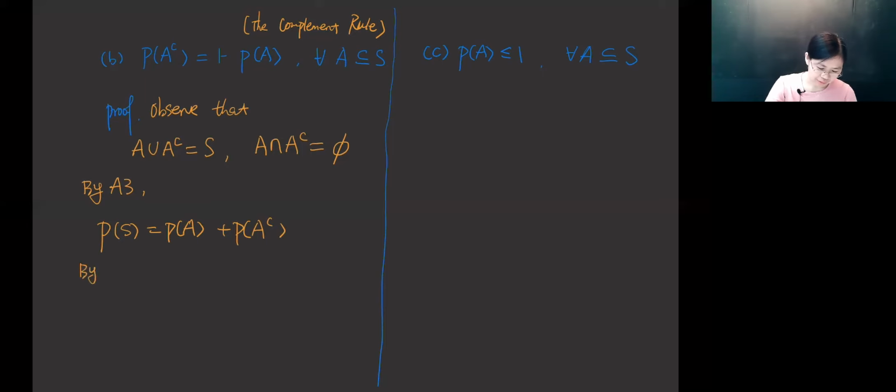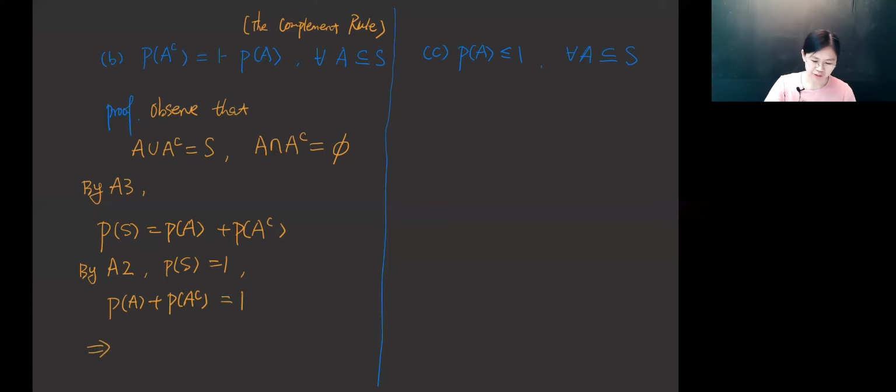And then now we use axiom number 2, which says P of S equals 1. Therefore, P of A plus P of A complement equals 1.